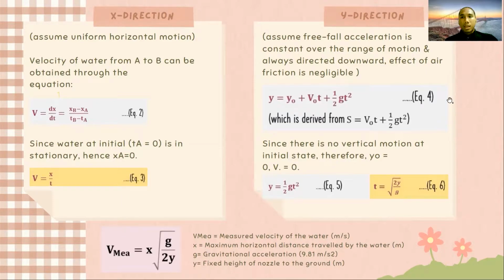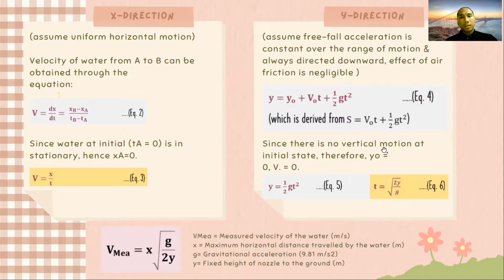So we can conclude that the equation for the y direction is y equal to y naught plus v naught times t plus 1 over 2 times gravity times time squared, which can be derived from s equal to v naught t plus 1 over 2 g t squared.